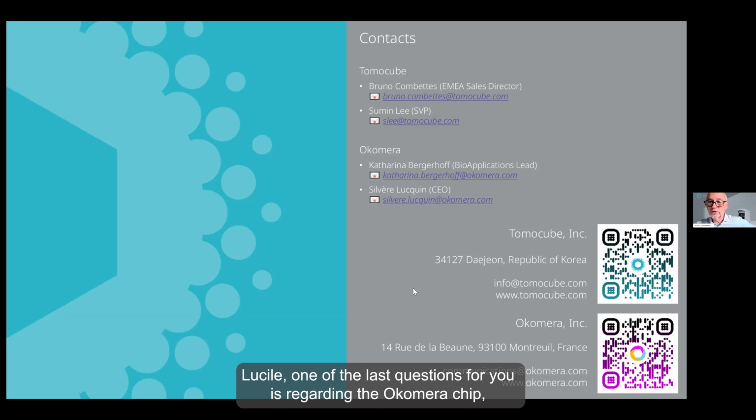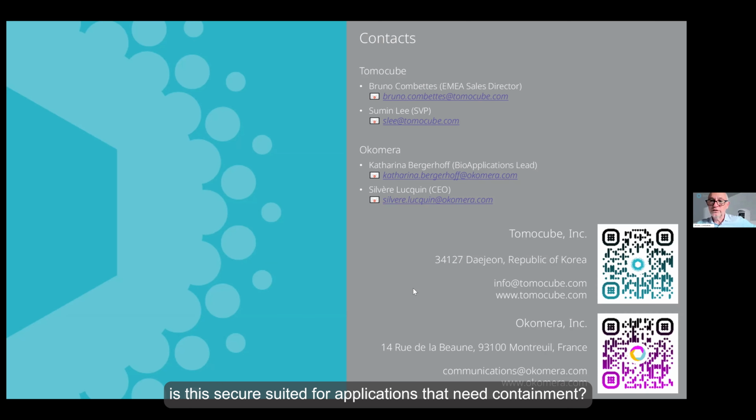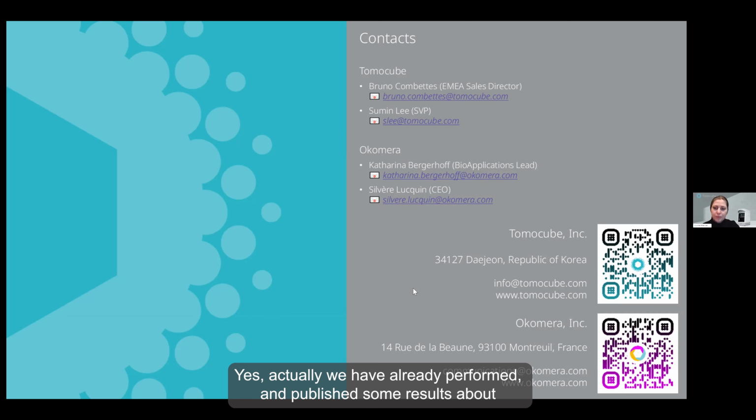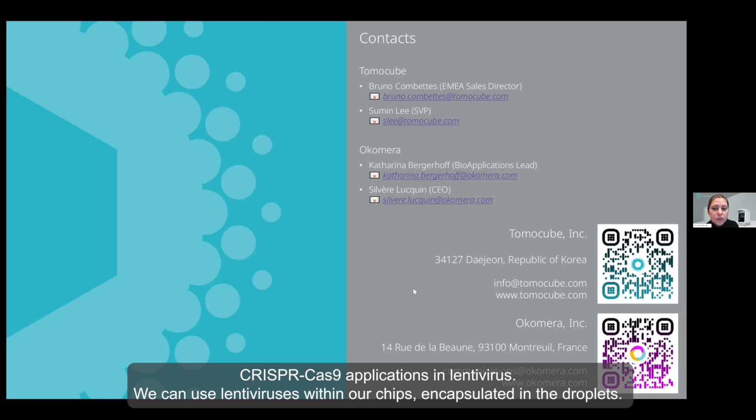So, Lucile, one of the last questions for you is regarding the Okomera chip. Is this secure, suited for applications that need containment, like infectious material? Or in other terms, can you use the Okomera chip with infected cells? Yeah, so actually, we have already performed and published some results about CRISPR-Cas9 applications and lentivirus.